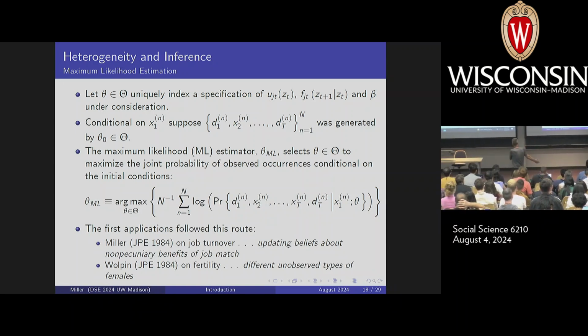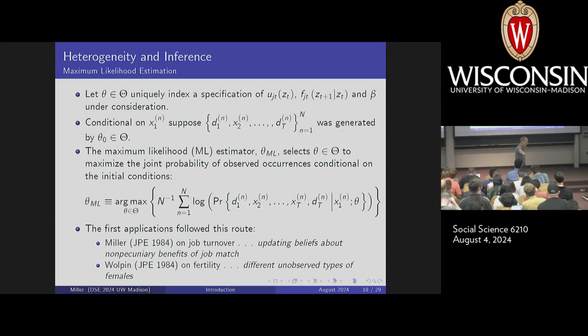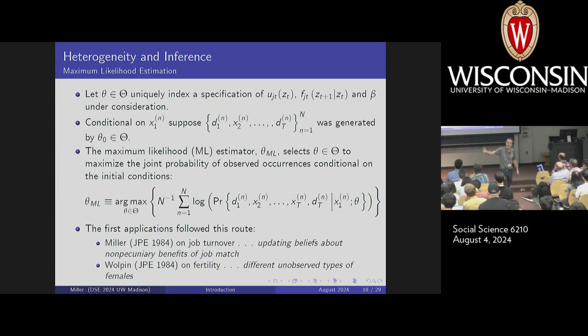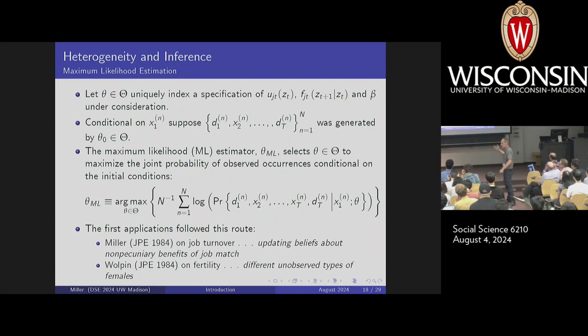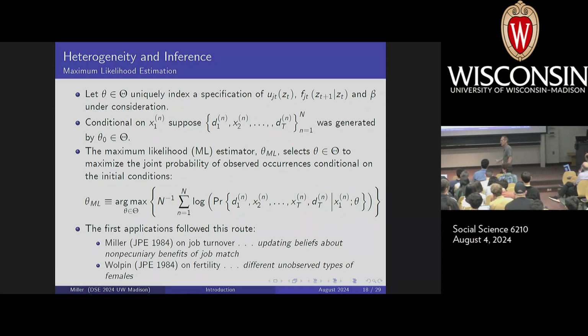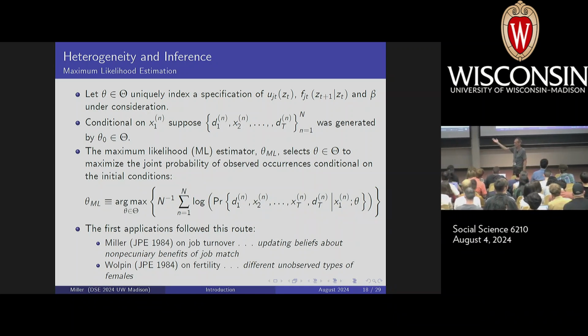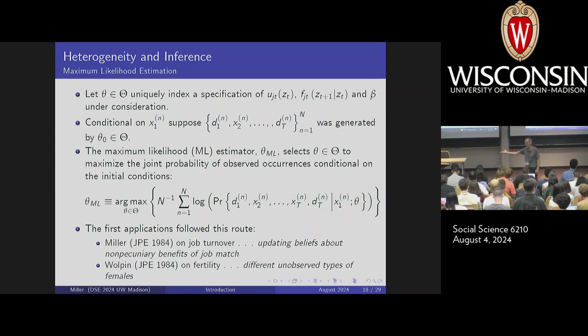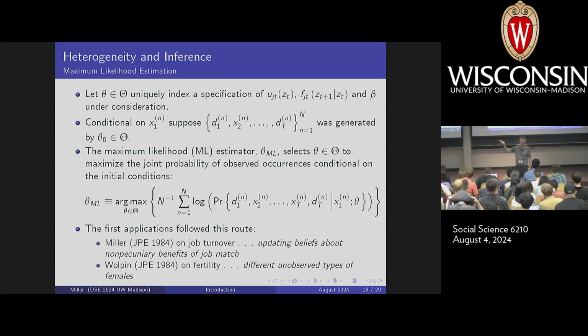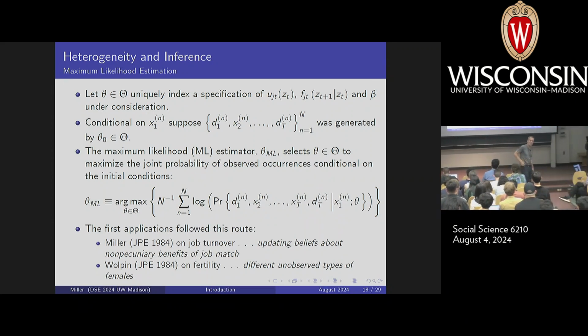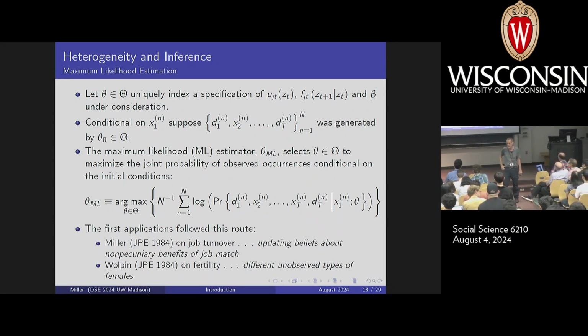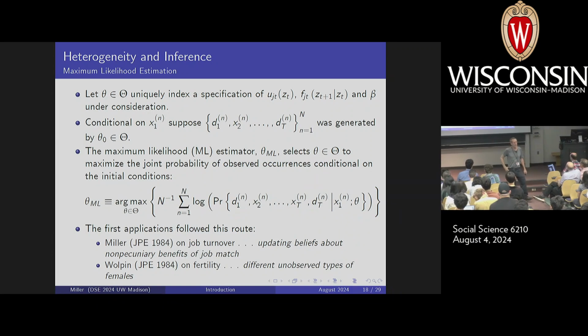You know, in this case, we're talking about updating beliefs about non-pecuniary benefits that are not observed in the data, and so you're integrating over a job match. And that leads to turnover if the match is not good, no staying with it if the match is good. You can see how the dynamics are going to play into a role here, because you're only going to learn about how good the match is over time.